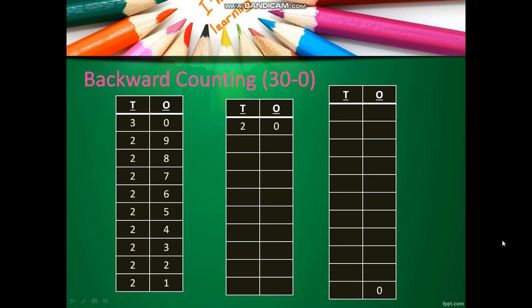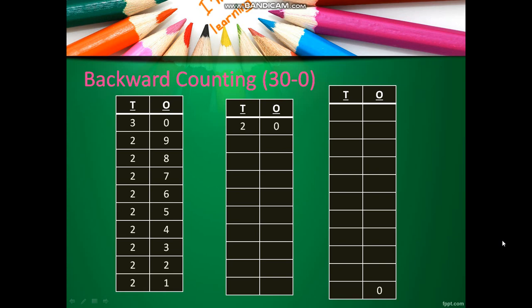So students, what comes before 30? Yes, before 30 we always write 29. And what do we write before 29? Before 29 we always write 28. And before 28 we always write 27.